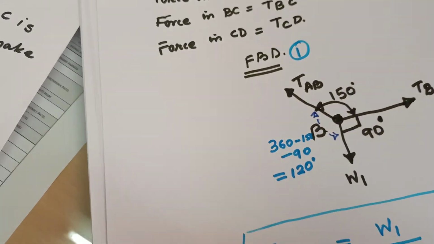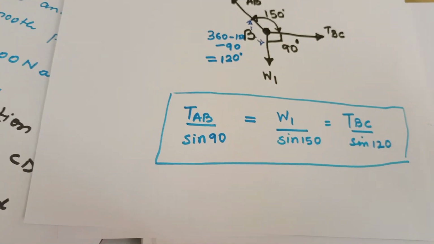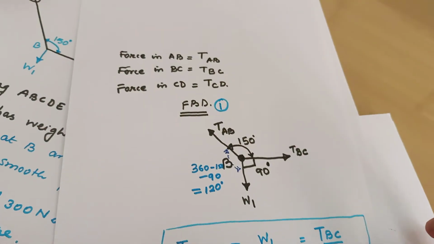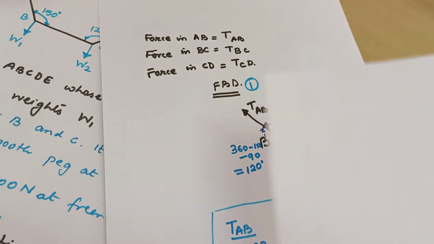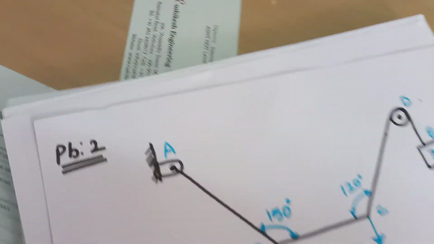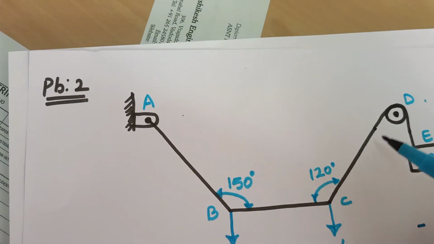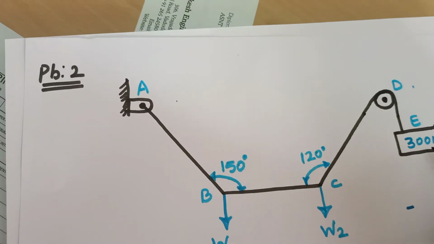Now we will draw a free body diagram for another point, that is point C. But before going to the point C, I want to tell you one more thing. In this diagram, this is a pulley or a peg on which a weight of 300 Newton is attached.